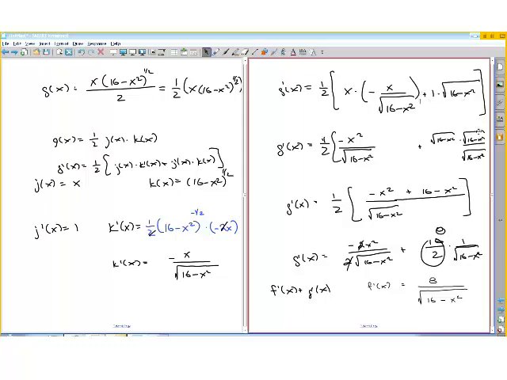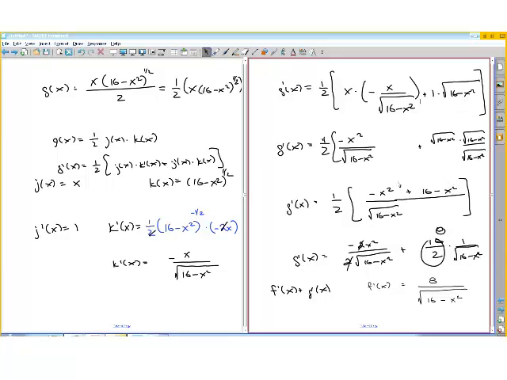Then what I did is I multiplied the second term by the square root of 16 minus x squared in the numerator and the denominator to get a common denominator. So this is the common denominator. First term is negative x squared. The second term is this times that, which is 16 minus x squared, because it's the same term. So you get 16 minus x squared.